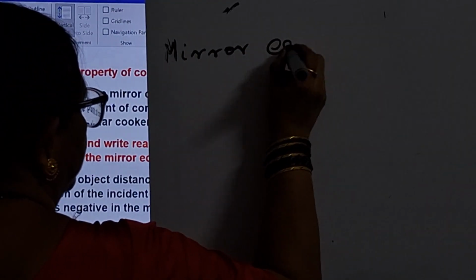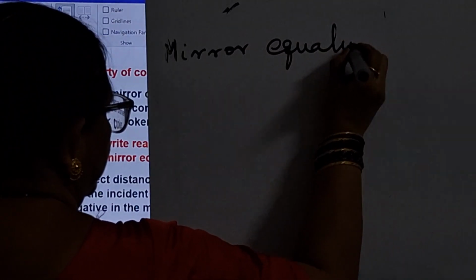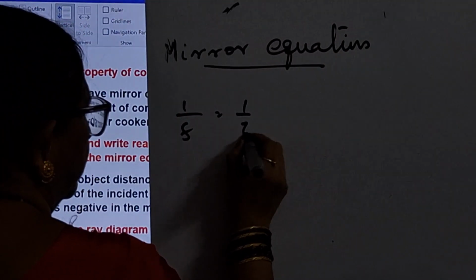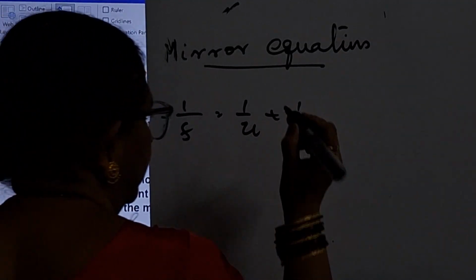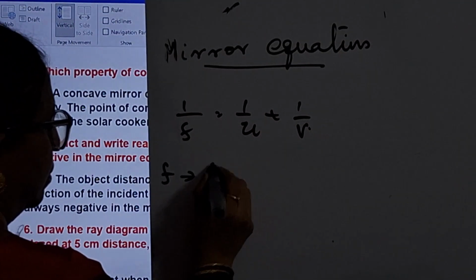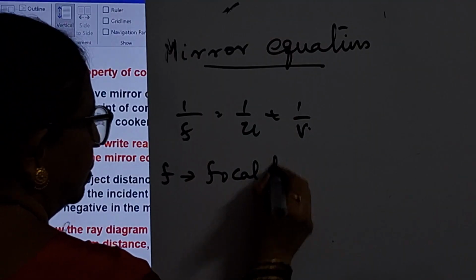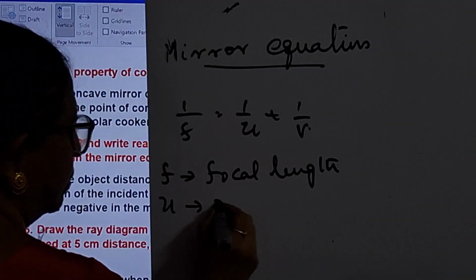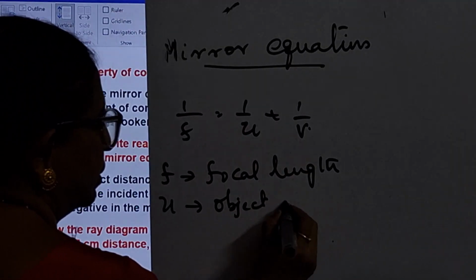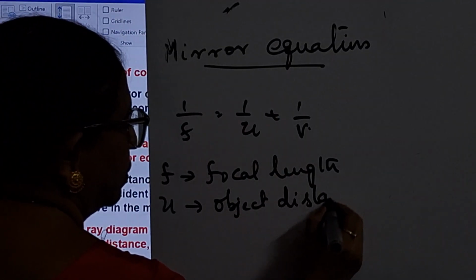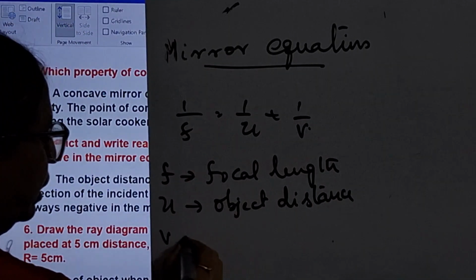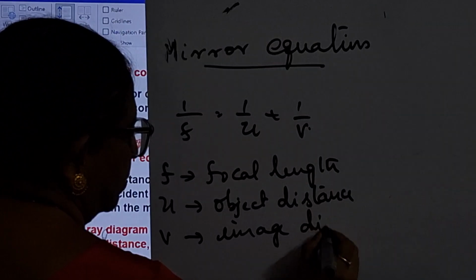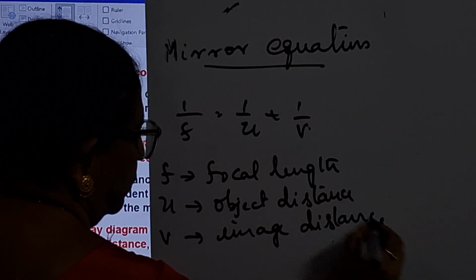The mirror equation is 1 by f is equal to 1 by u plus 1 by v, where f is the focal length, u is the object distance, and v is the image distance. This you know pretty well, children.